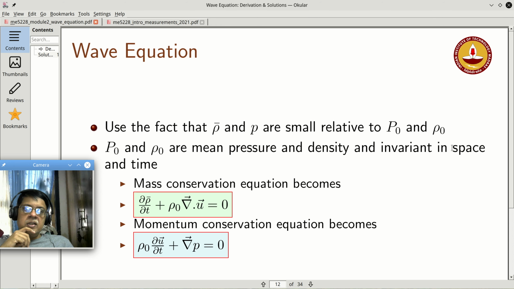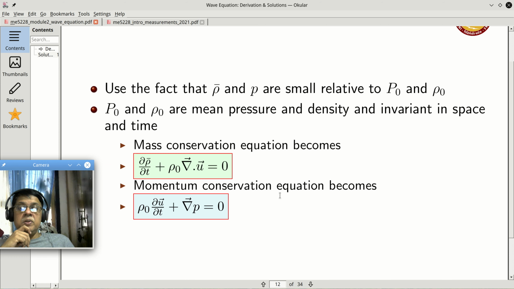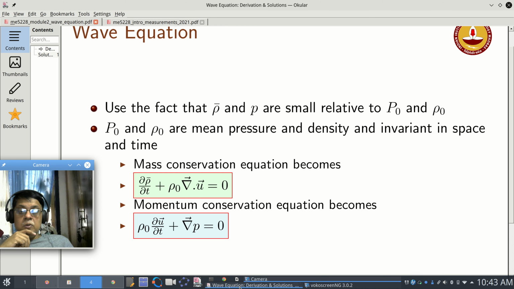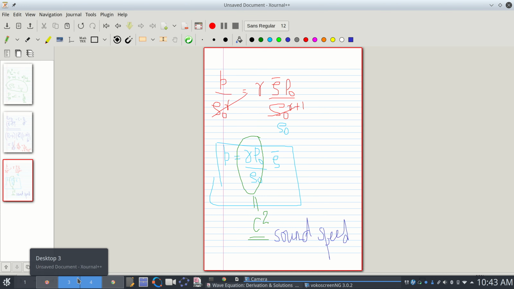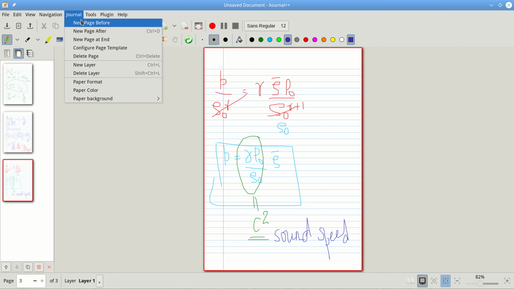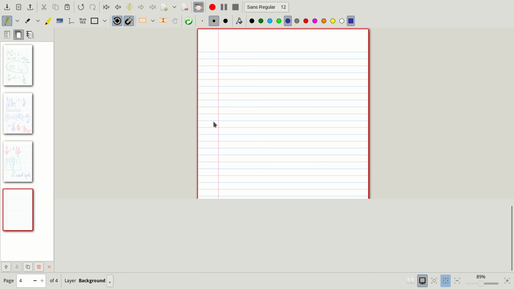From the fact that the acoustic pressure perturbations are related to acoustic density fluctuations through this c square, which is the speed of sound, let's go back to the wave equation. Remember the wave equation was this. Let us open a new page here.